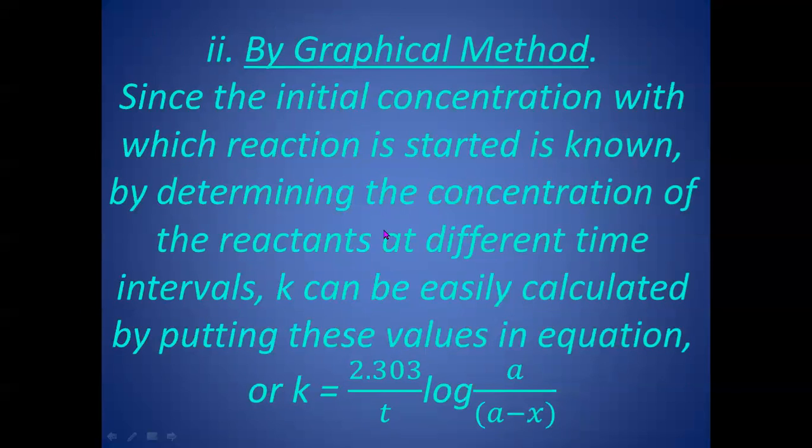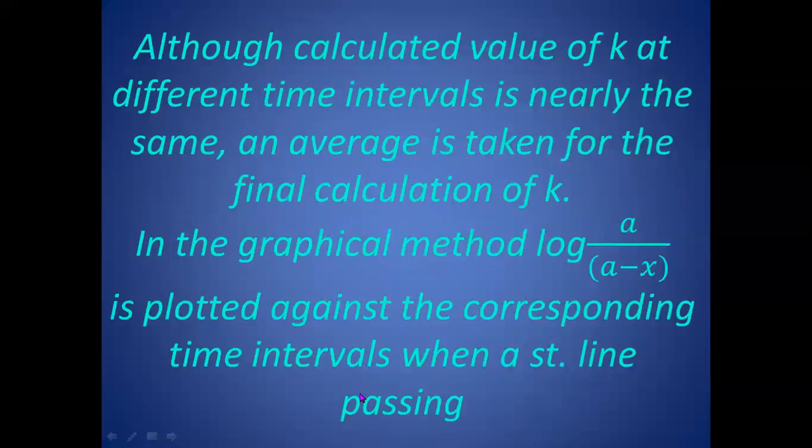The other method is the graphical method. Since the initial concentration with which the reaction is started is known, by determining the concentration of the reactants at different time intervals, K can be easily calculated by putting these values in this equation, and then we will plot the graph.